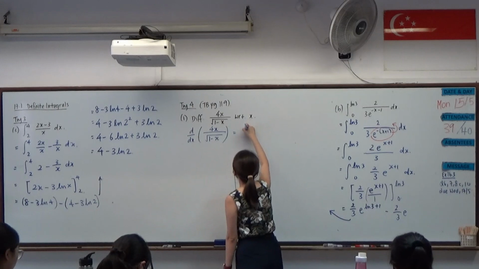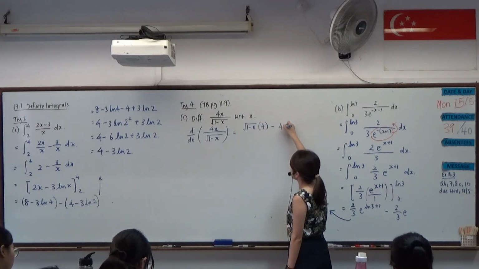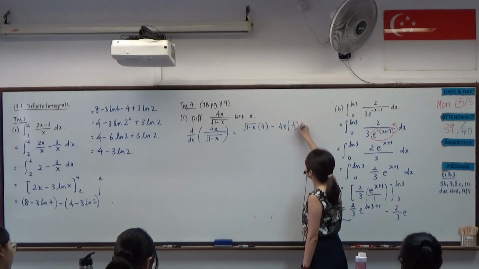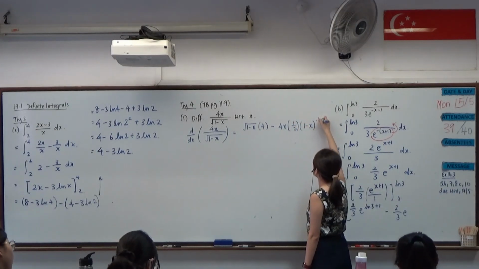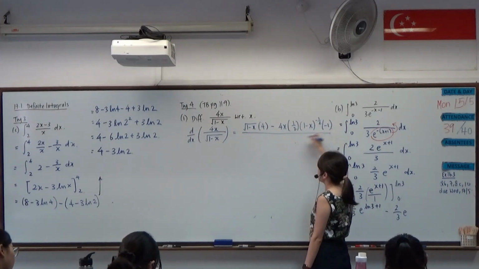So keeping the bottom, differentiate the top, minus away, keep the top, differentiate the bottom, and then bottom square.